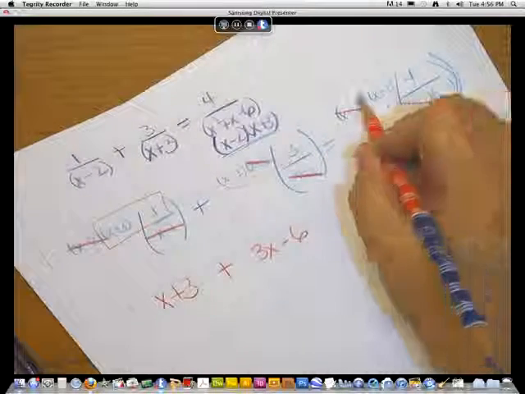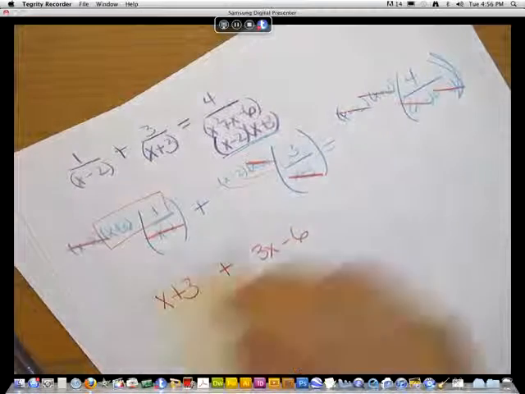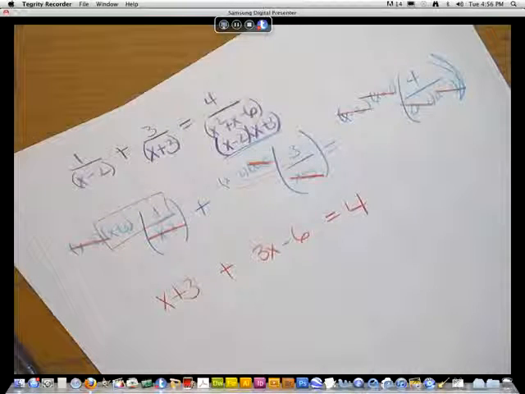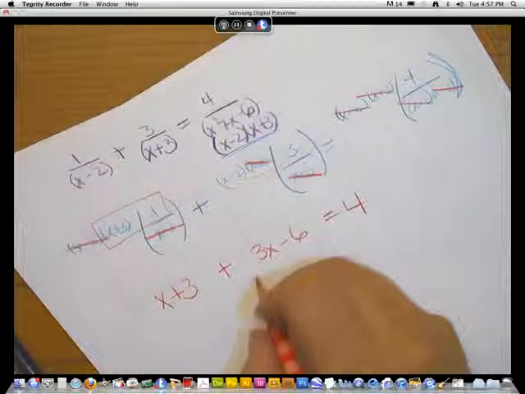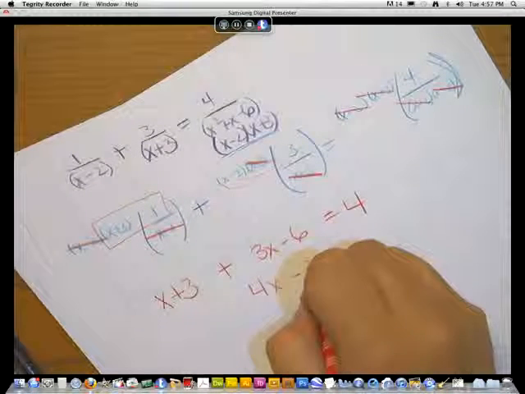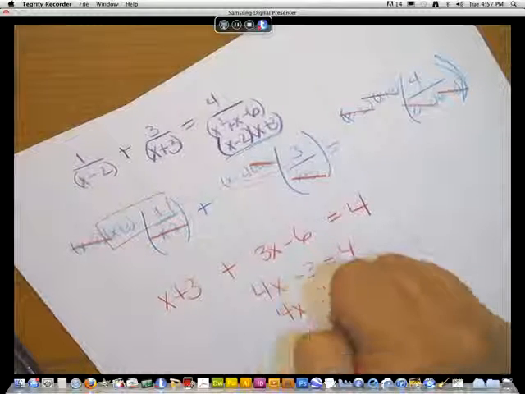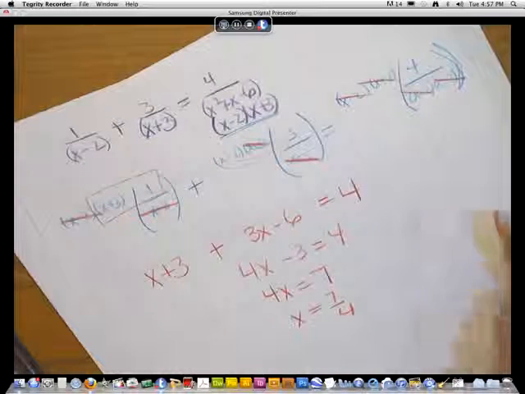And over here, the x minus 2, x plus 3 all cancels out, and it just leaves 4. So when I solve this one, now I'm going to get 4x minus 3 is 4, 4x is 7, x is 7/4.